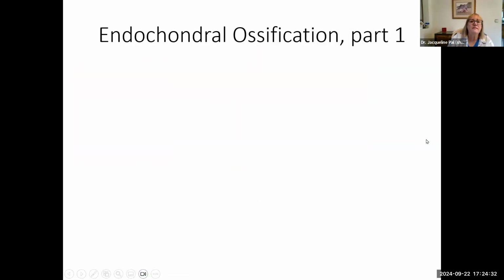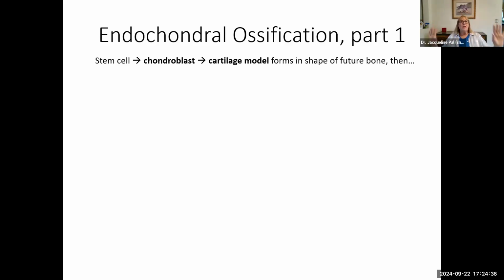Okay, now the second type was endochondral ossification. So here, remember we started with mesenchyme that had stem cells. And those stem cells, remember I said the same stem cell could become cartilage or bone. And they got the message to become cartilage.